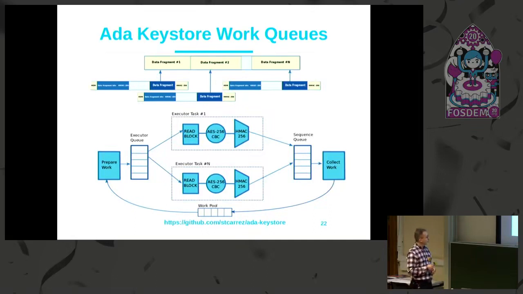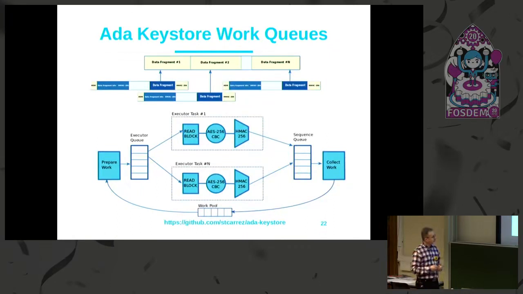You have a thread which wants to, for example, extract this document, which is composed of several data fragments. We start by preparing some work queue, and for each work item, we indicate to the executor task the block number that it has to decrypt, some information about the key, where the keys are located, and it will put the job in the executor queue.